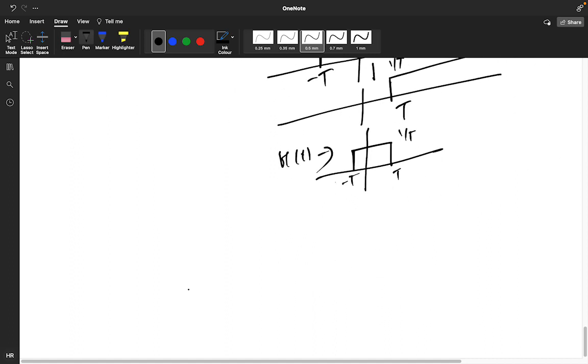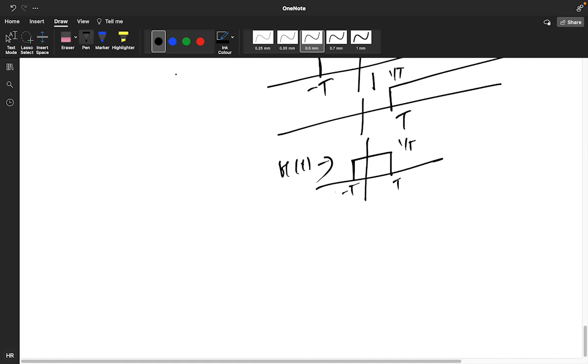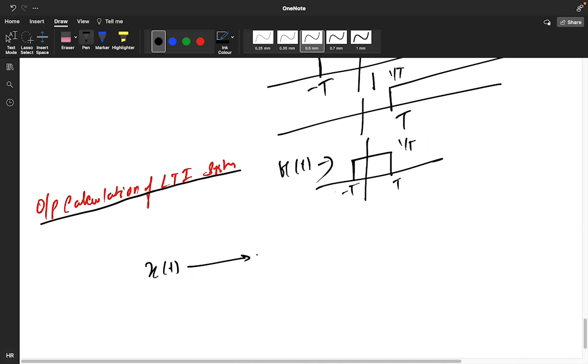Write down the next topic: output calculation of LTI system. So how do we calculate the output? You are giving your x of t to any continuous time LTI system.